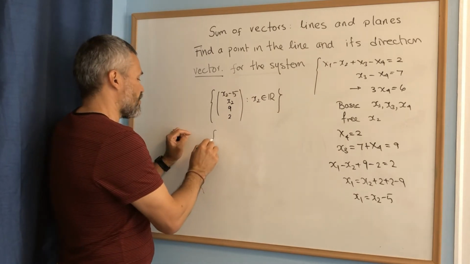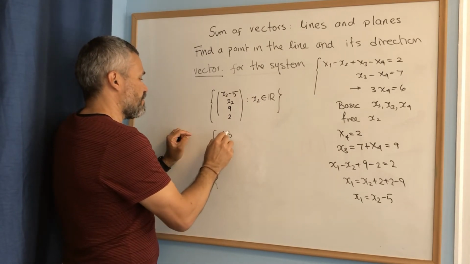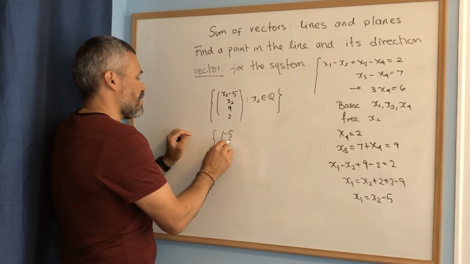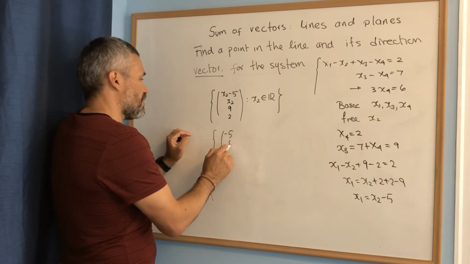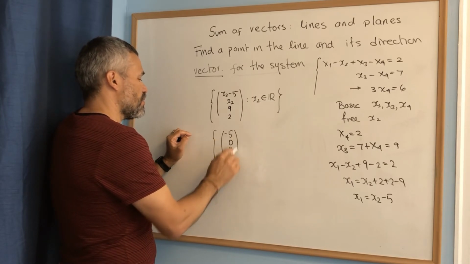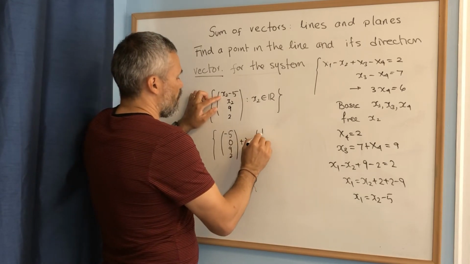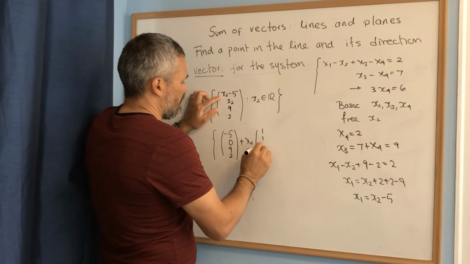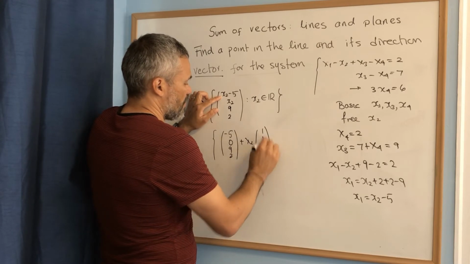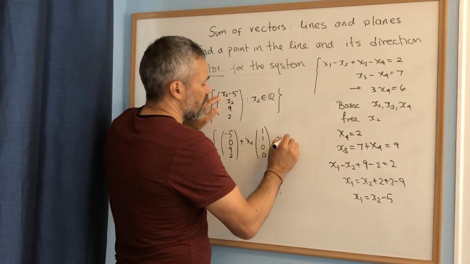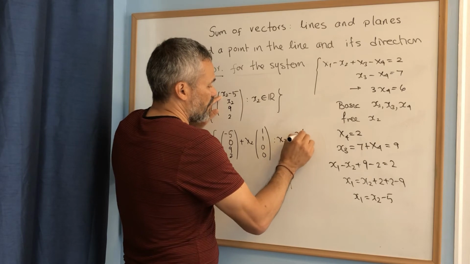Then in this case I can rewrite this as -5, 0, 9, 2 plus x2 times 1, 1, 0, 0, such that x2 is a real number.